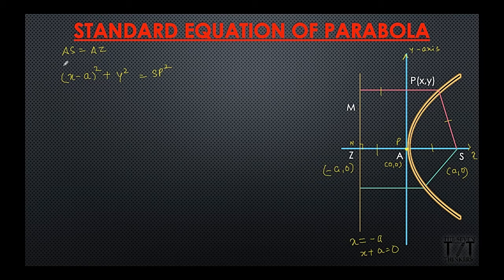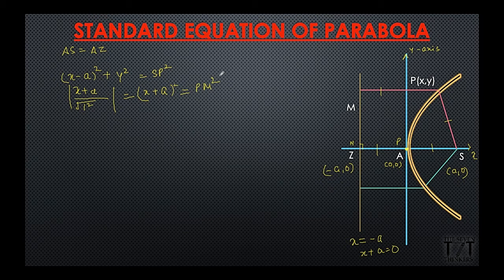So using the perpendicular distance formula, PM will be equal to mod of (x plus a) upon root under 1 square, or we can say (x plus a) whole square is equal to PM square.